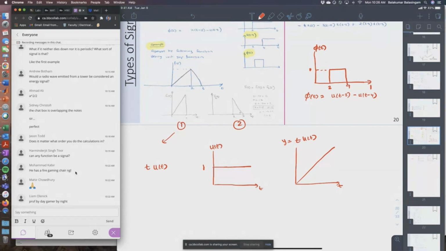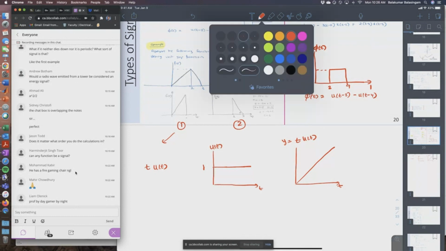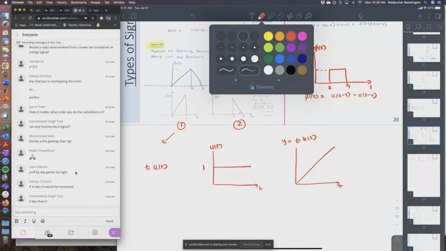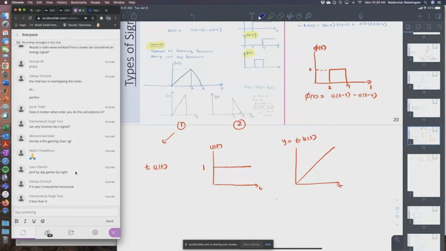It's because if y equals t, then it will be like this. Technically y equals t means for all values of t, but the u(t) function helps us define a function y(t) that only exists when t is greater than 0.